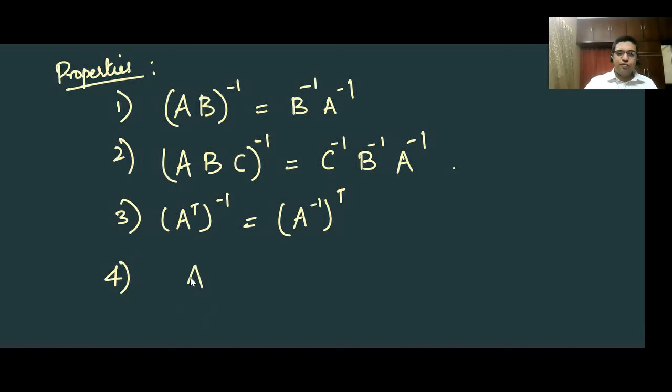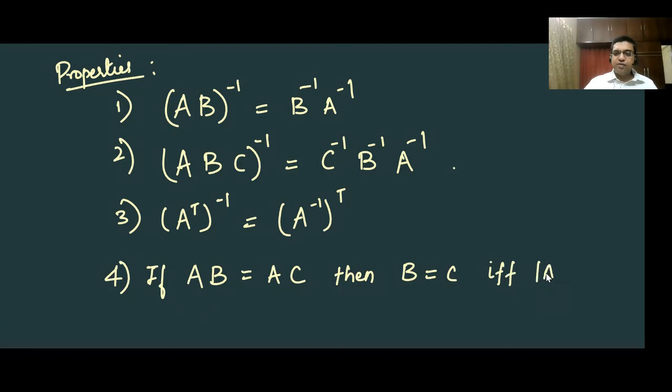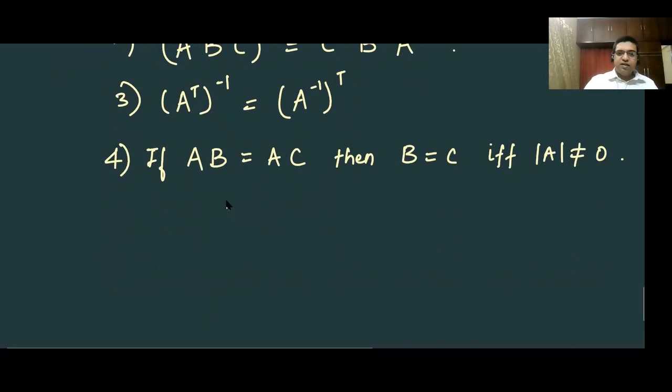Cancellation laws, how do they work? If AB is equal to AC, then B equals C if determinant of A is not equal to 0. How do you get this? We multiply both sides by A inverse.